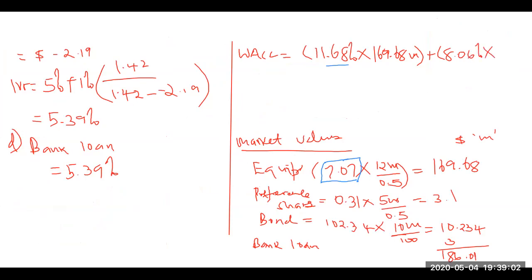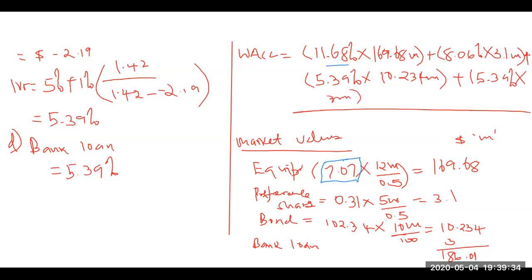We multiply by the market value of preference share, 3.1 million, plus the cost of bonds, which we got 5.39%, times the market value of bonds, 10.234 million. The cost of bank loan, 5.39% times the book value, 3 million.